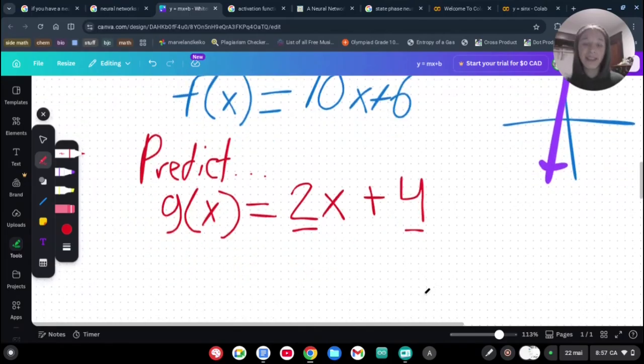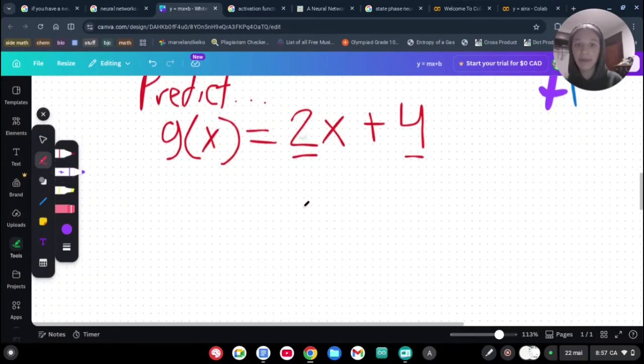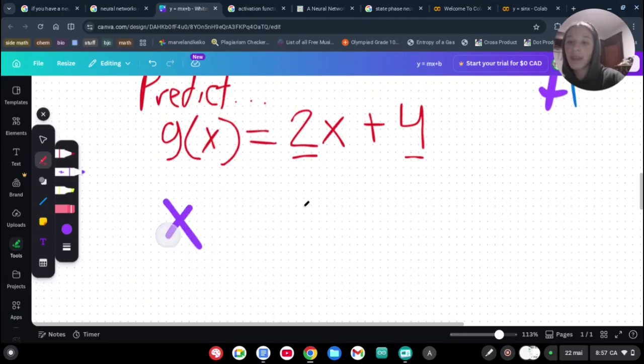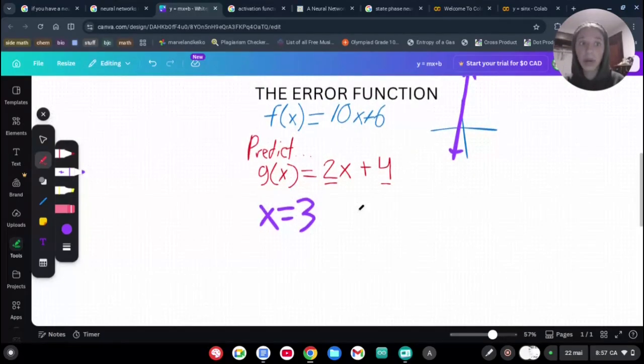So for any x value, I would like g of x to match up with f of x. Clearly this will not be the case because they're totally different functions, but let's say x equals 3. What is the real world value of f of x in this case? Well, 3 times 10, 30, plus 6, so 36.